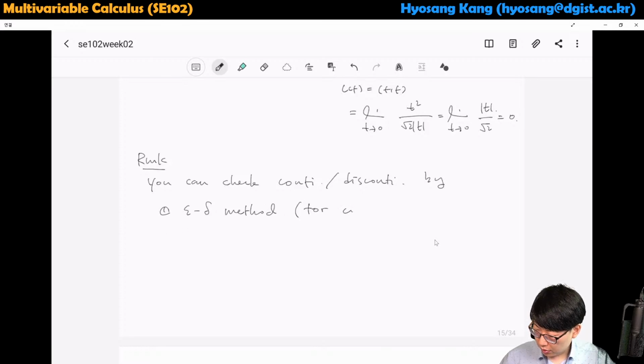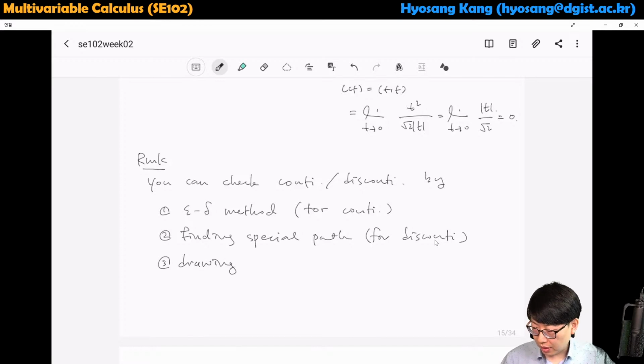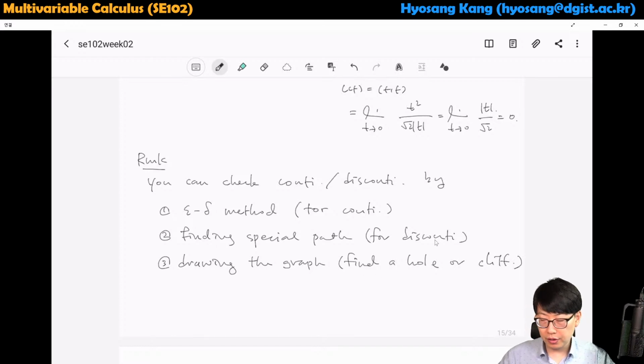This is for proving continuity, or finding a special path when you prove discontinuity. Or you can check, though this is not rigorous, your continuity and discontinuity by drawing the graph. You should find any hole or cliff for discontinuity.